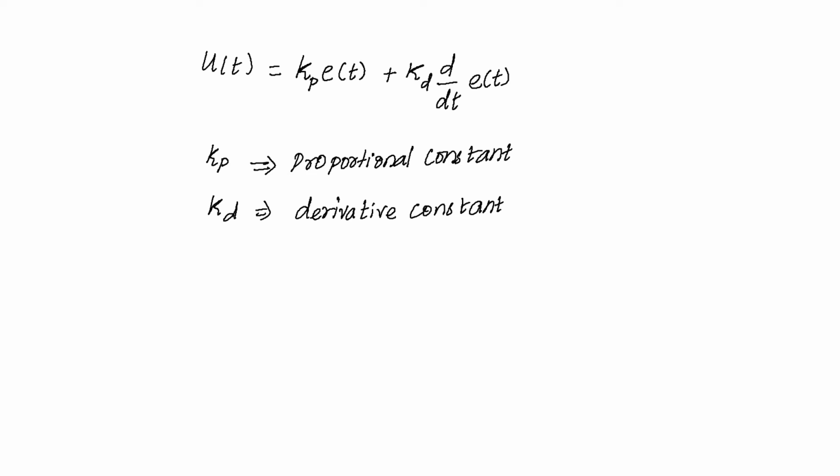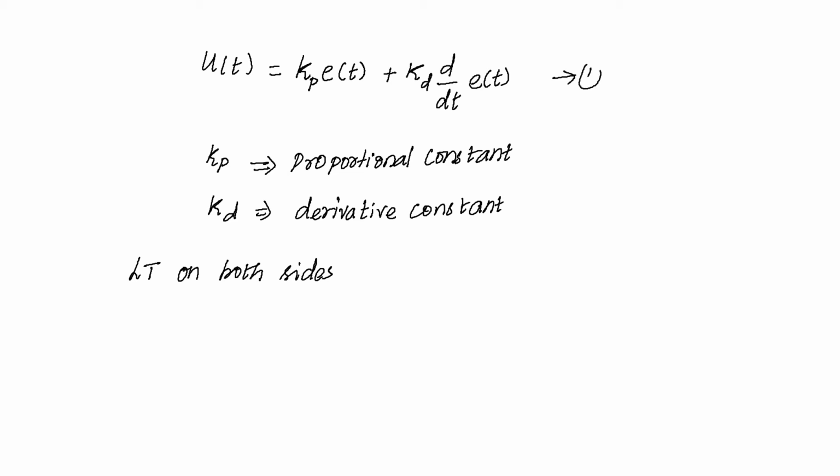Now in order to find the transfer function, we are supposed to convert the time domain into the frequency domain. That is very important. For converting the time domain to the frequency domain, we introduce the Laplace transform on both sides. Let's call the above equation equation 1.